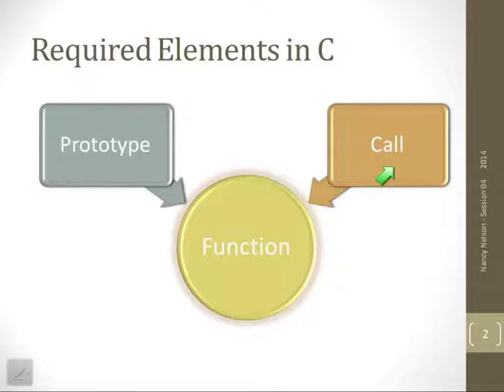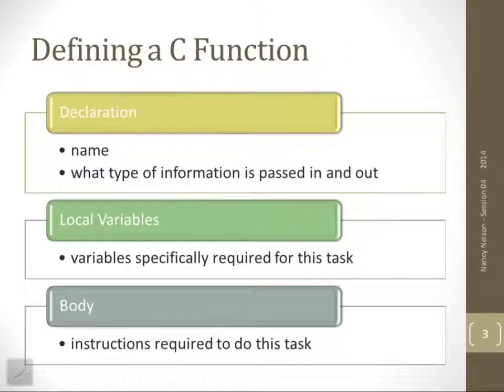We're going to start by looking at what's required to write a function in C. There are three main things that we have to include in every single C function that we write. The first is the declaration statement, and this is the very first line of a function that identifies what its name is and exactly what information will be passed into the function for it to use and what information will be generated and passed out of the function for other functions to use.